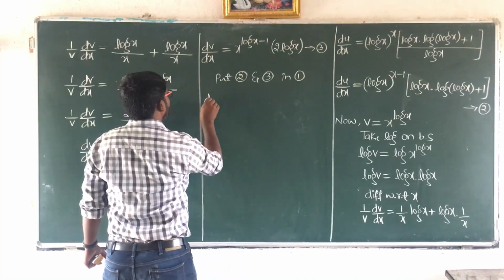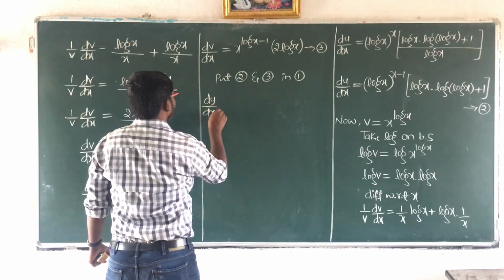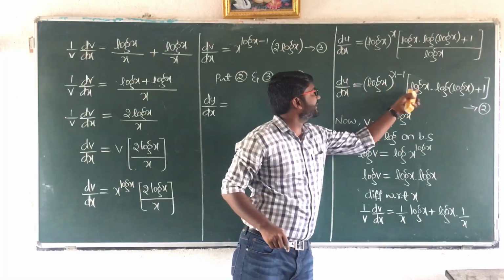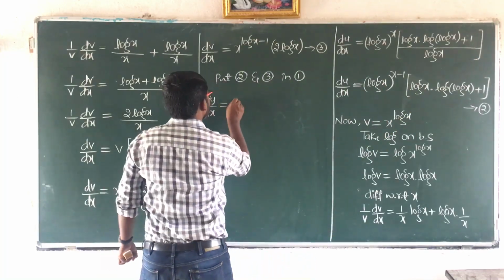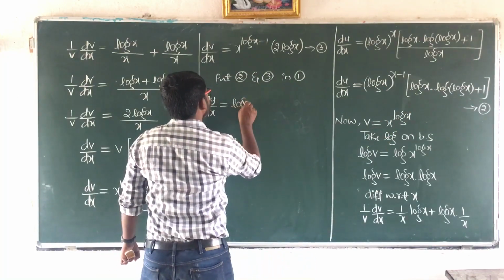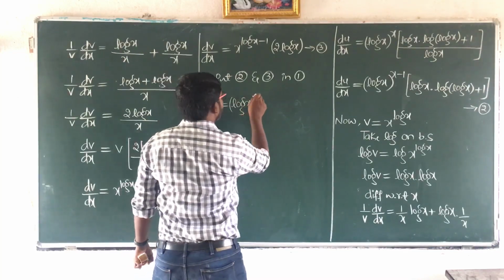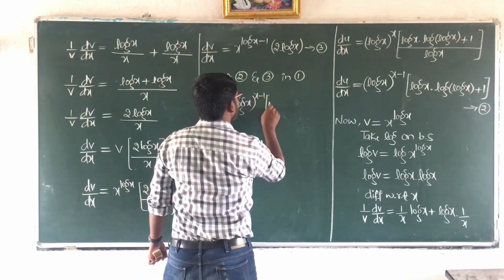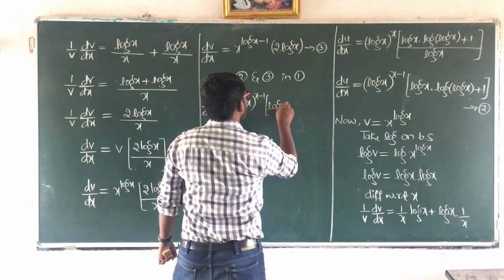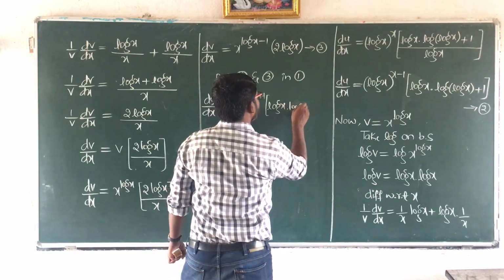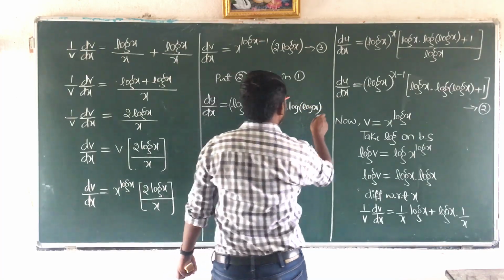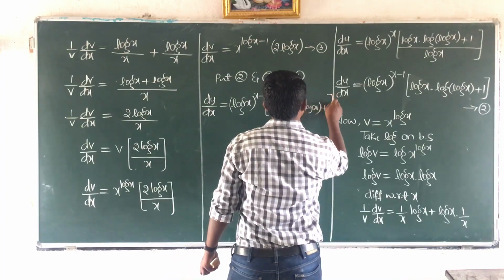So now dy by dx, which is equal to, first we write equation number 2. This is dy by dx, log x to the power x minus 1, inside the bracket log x into log of log x plus 1.